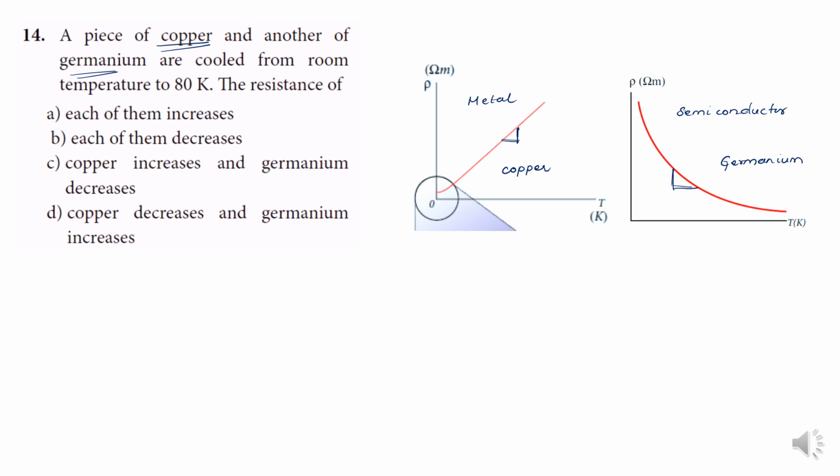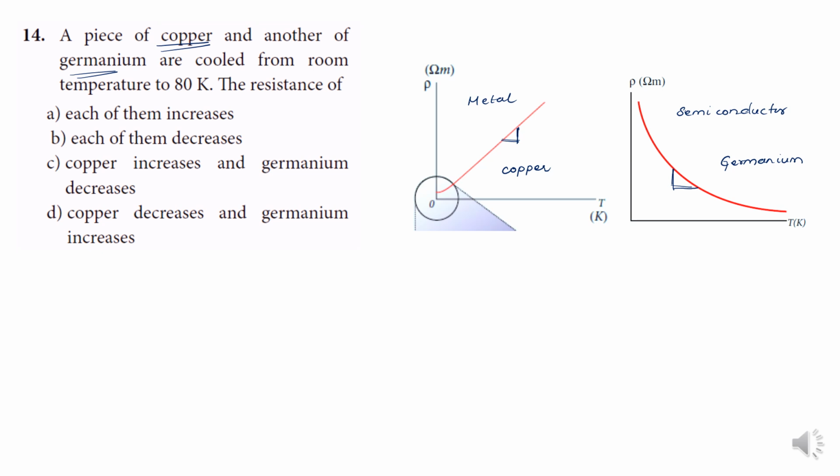So for copper, you are cooling it from room temperature. Normally in India the room temperature is around 300 Kelvin. You are cooling the piece of copper and germanium from room temperature to 80 Kelvin. What happens to the resistance?